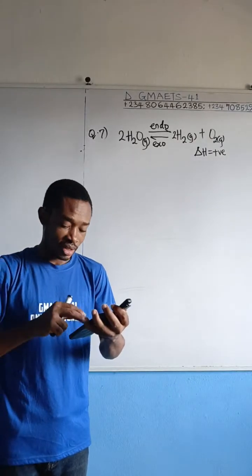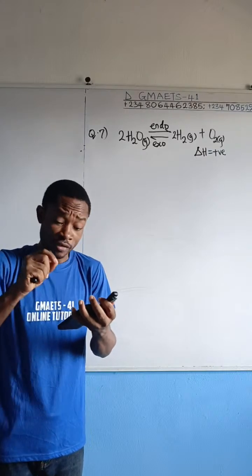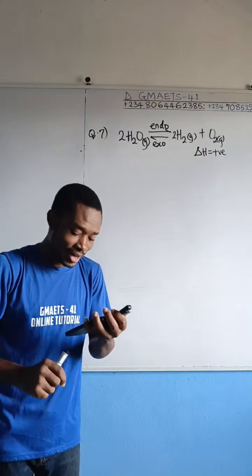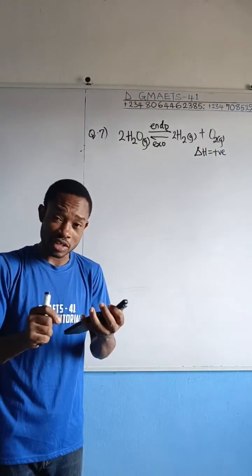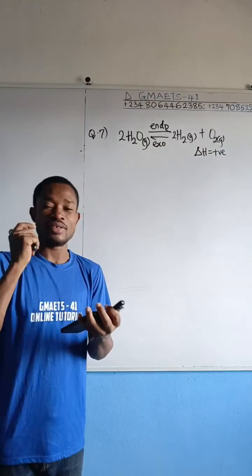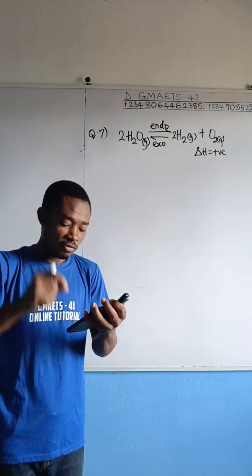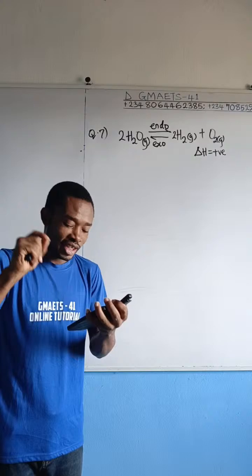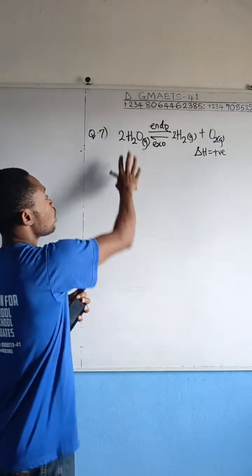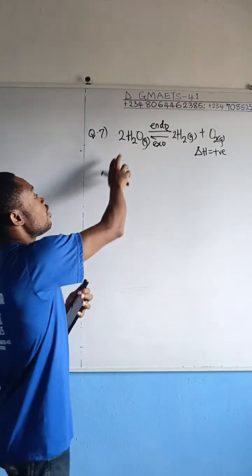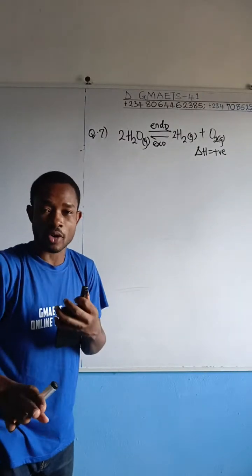Now we are being asked, which of the following changes will decrease the equilibrium amount of water? The whole idea is this: we want this to decrease, that is to say, water production is not favored.